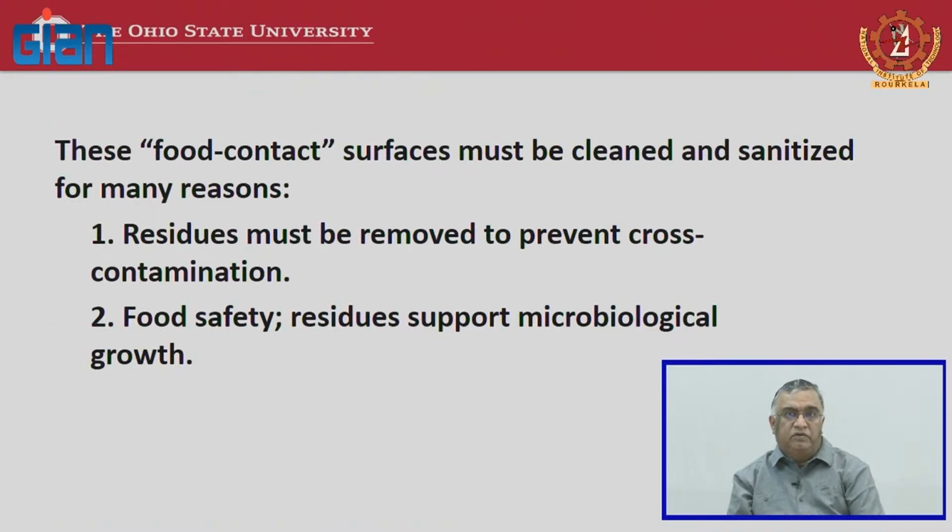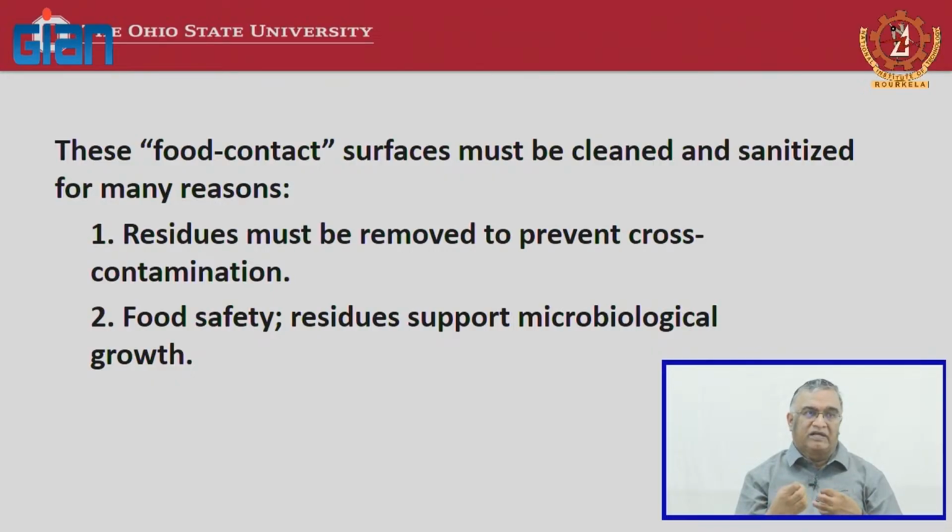Oftentimes, when you look at the regulations, they talk about what they call food contact surface. Food contact surface is where the food product directly comes in contact with the equipment surfaces. For example, in a heat exchanger, the interior where the food is flowing through is an example of a food contact surface.